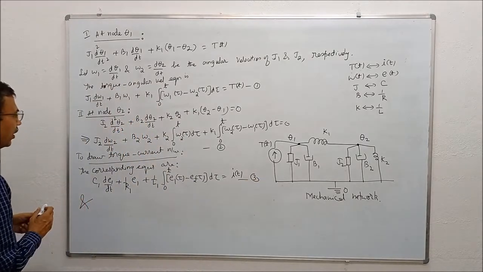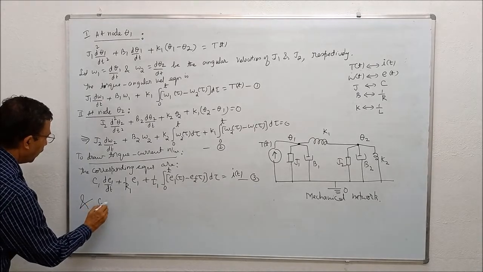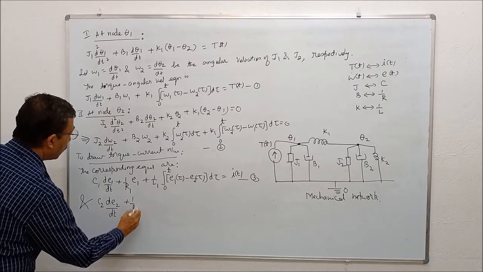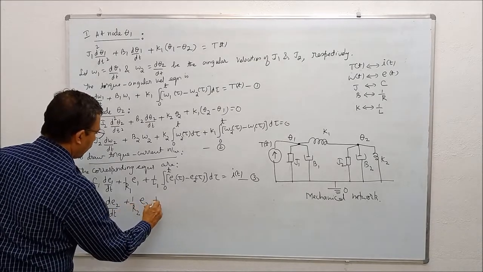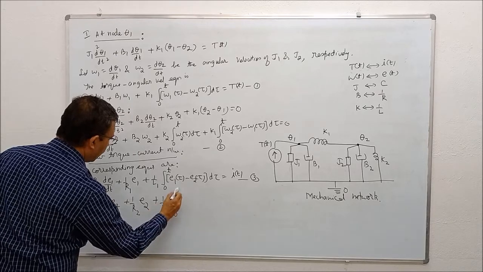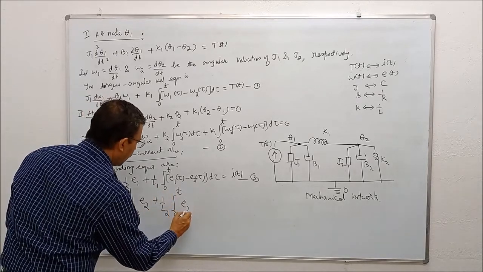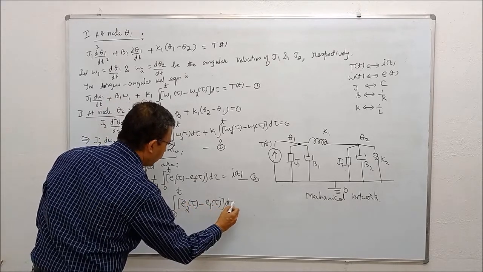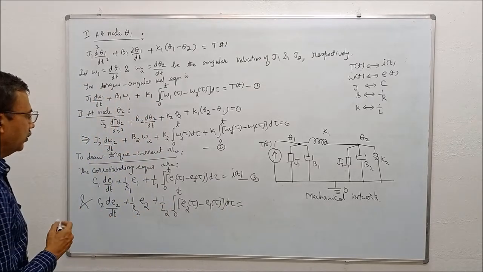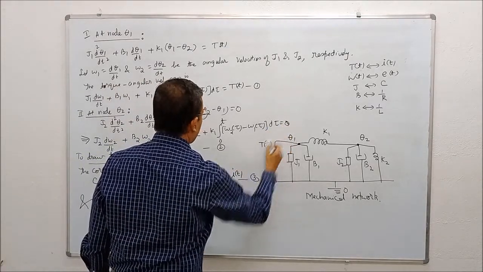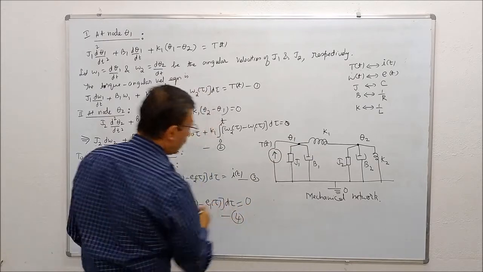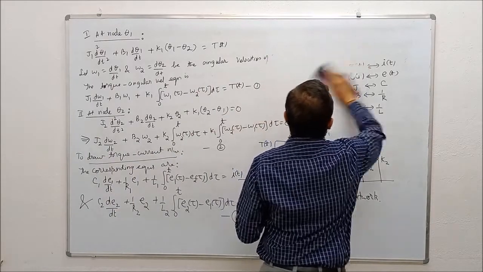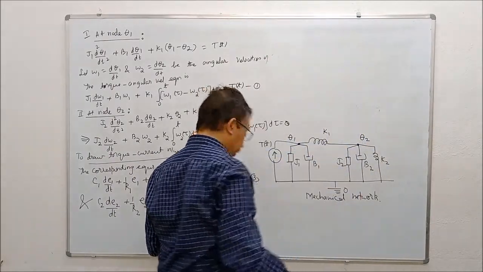And J2 is replaced by C2: C2 dE2/dt + (1/R2) E2 + (1/L2) ∫0 to t E2(τ) dτ + (1/L1) ∫0 to t (E2(τ) − E1(τ)) dτ = 0. Equation 4. Using equations 3 and 4, we'll draw the required network.